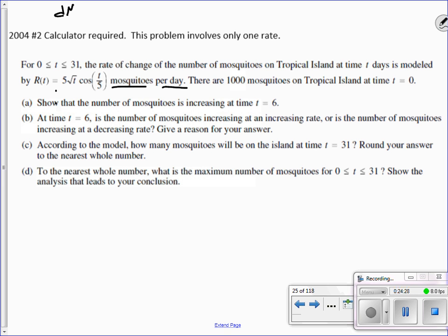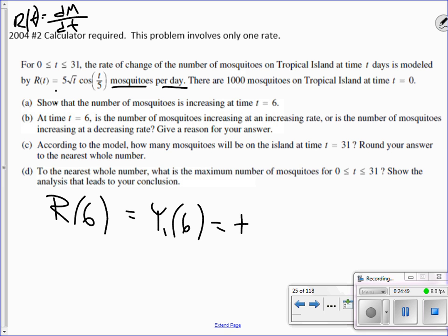That's like saying dM/dt, that R of t. It's like the first derivative they're giving you. So when you plug 6 into that rate, you get a positive value. On your calculator, you just plug it in, and you get some positive number. So you say, okay, it's increasing.